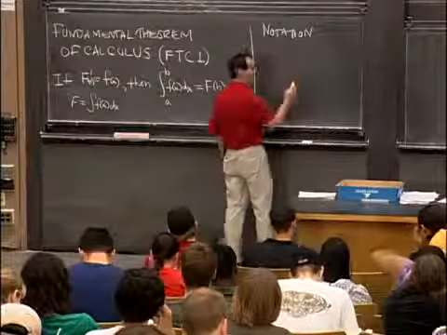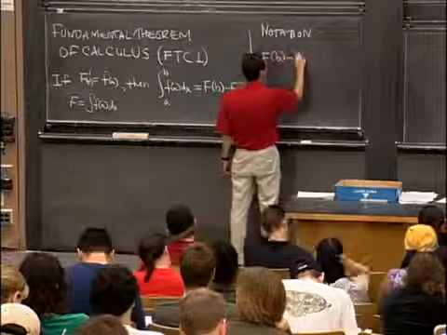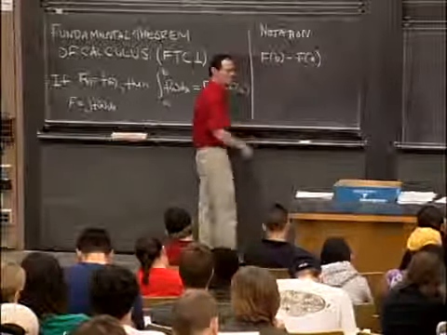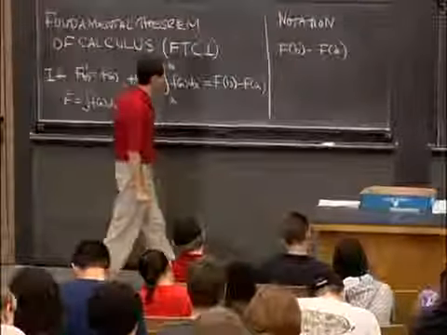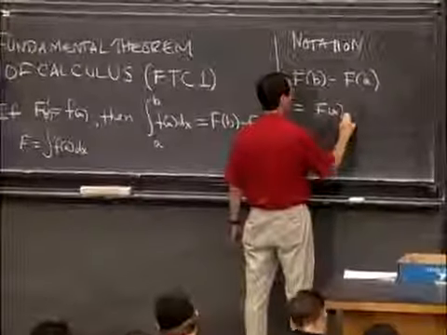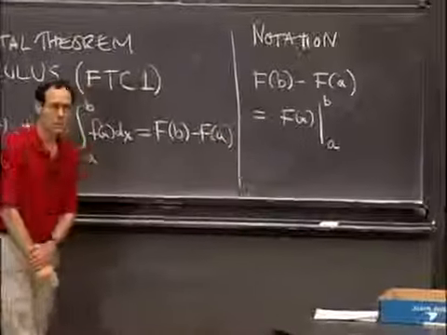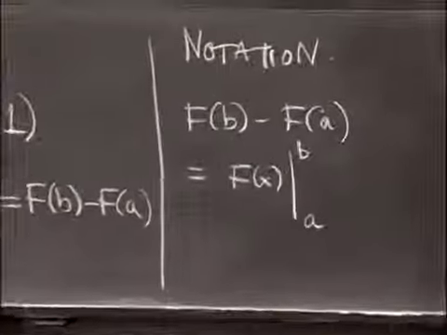Whenever I have a difference between a function at 2 values, I can also write this as F of x with an a down here and a b up there. So that's the notation that we use.